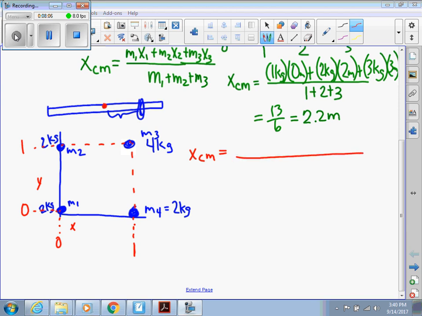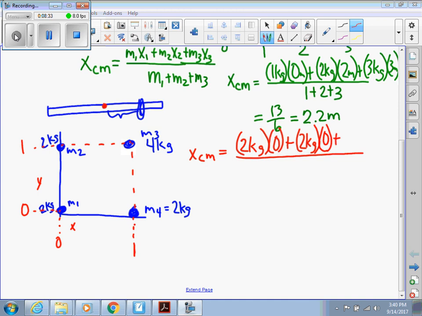If we look at the x, mass 1 has a mass of 2 kilograms, but if we look at its location on that x-axis, it's at 0. Mass 2 also has a mass of 2 kilograms, but on the x-axis its position is also at 0.